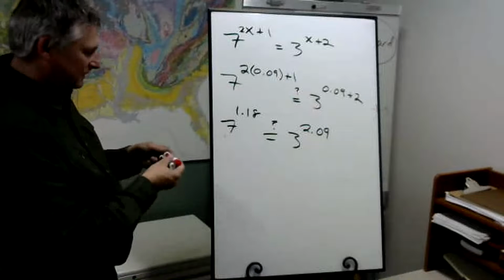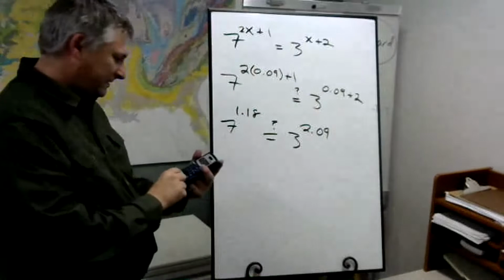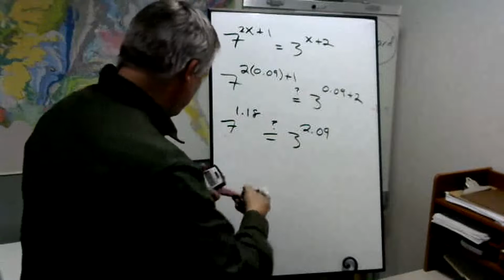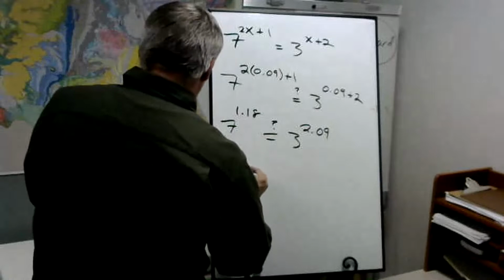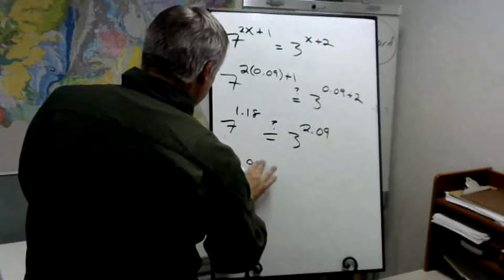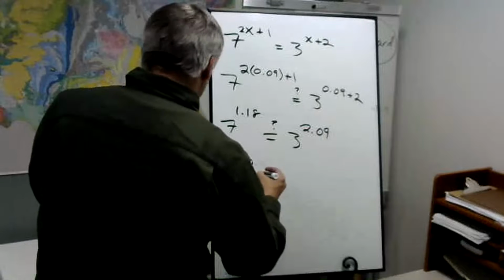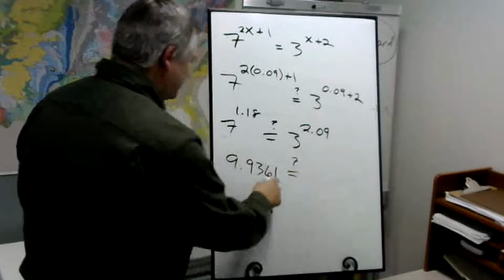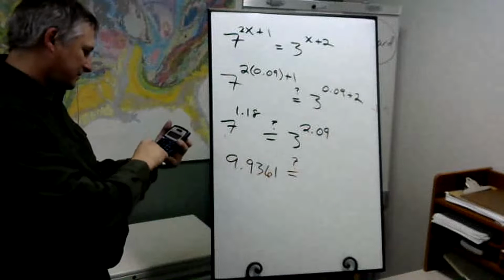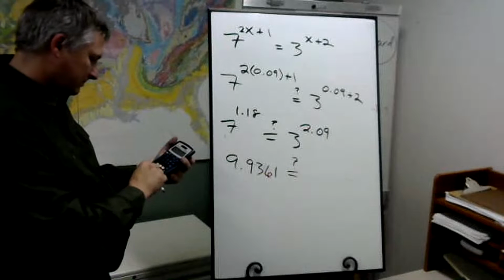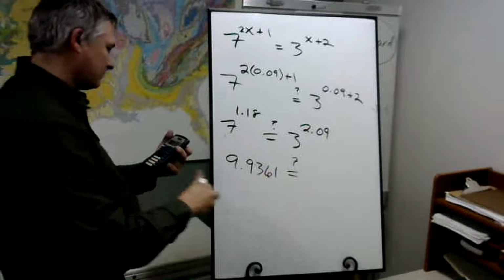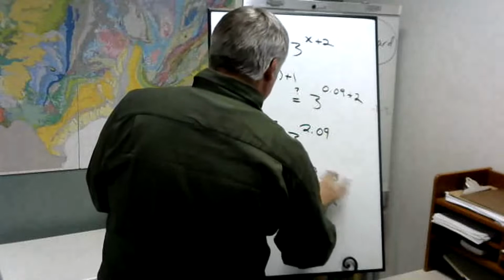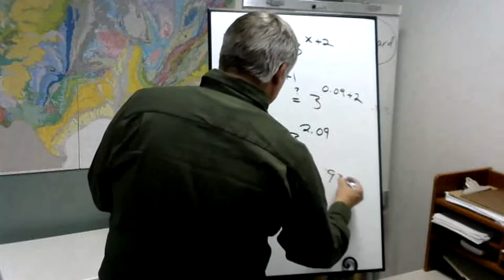All right. So 7 exponent 1.18 is 9.94. Well, let's take it a few more places. 9.9361, rounded to the fourth decimal place. 9.93, but it's close.